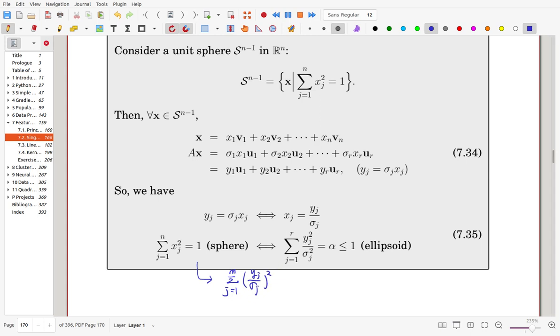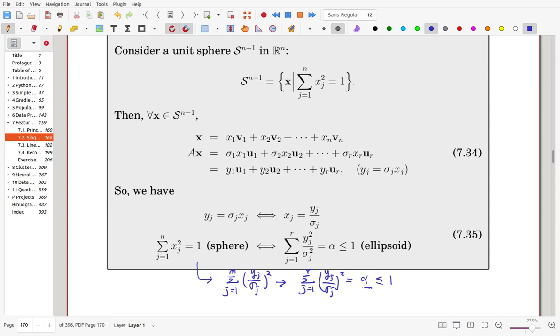However, it's a rank r transformation, so once j is larger than r, sigma j is 0. So we have to truncate. The sum from j equals 1 to r of yj over sigma j squared, if we call this quantity alpha, since it is truncated, must be less than or equal to 1.